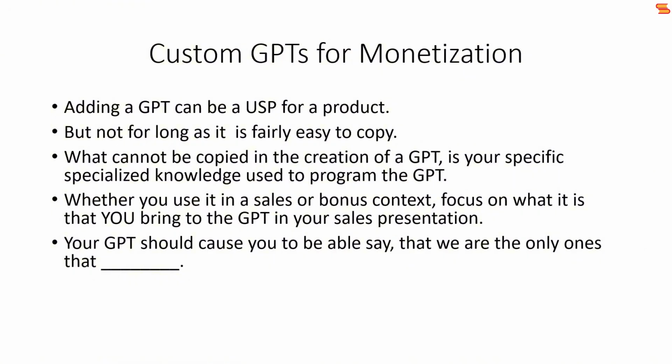You want to be able to say, we're the only ones that do blank, right? That's what your brand should say anyway. You should have a USP for your brand: we're the only ones that do this, we're the only ones that do it this way, we're the only ones that deliver this. That should be something you say about your brand, regardless of what you sell. So it's especially important when you're an information marketer.